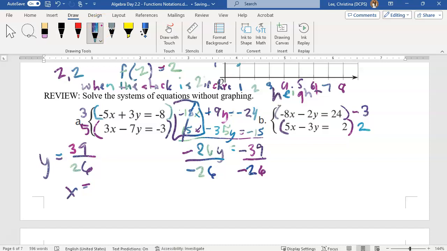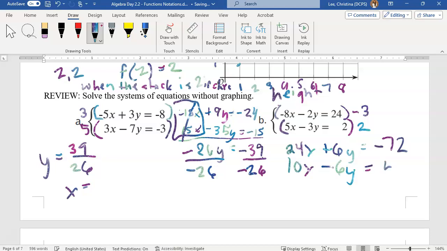Let me just put these parentheses out so I can see a little bit better. Negative 3 times negative 8 is positive 24x. Negative 3 times negative 2 is positive 6y. The whole reason I did that. And then negative 3 times 24, a negative times a positive, is going to be negative 72. Then down below, 2 times 5 is 10x. 2 times negative 3 is negative 6y.